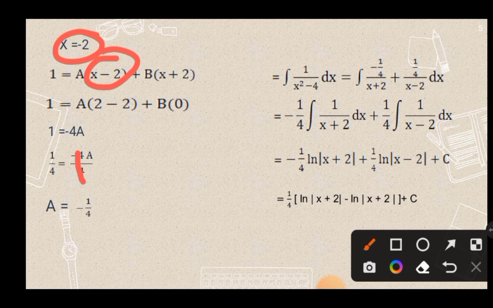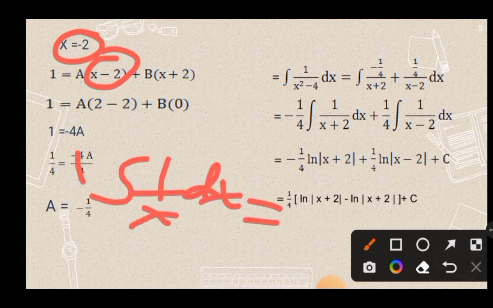Then, to integrate the rational function, we use the formula that the integral of 1 over x dx is equal to ln x.